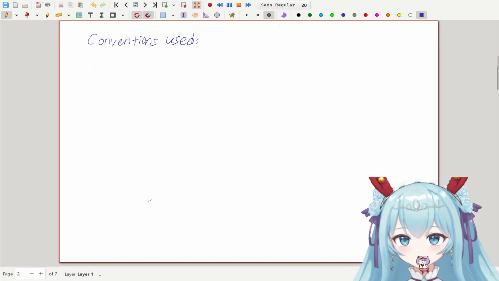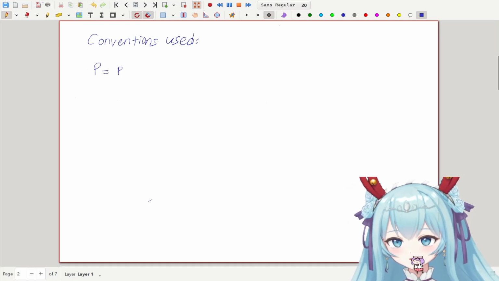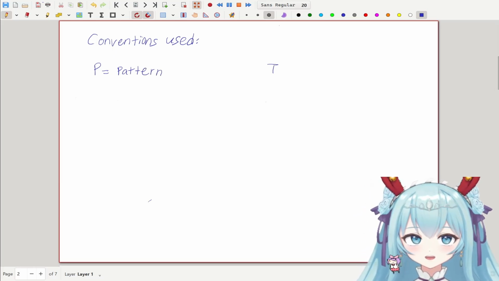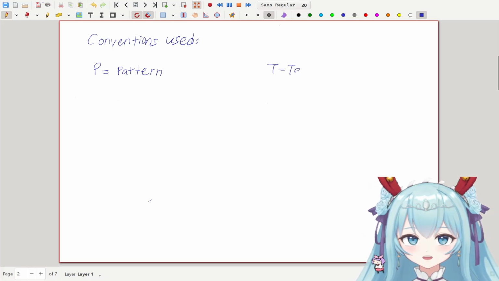Okay, so firstly, we will just have P to stand for the pattern, and T is the text.